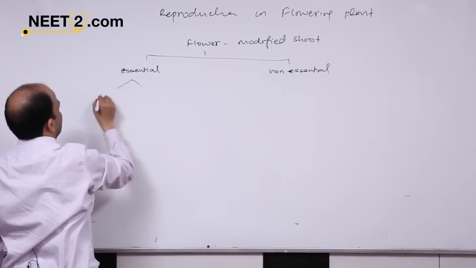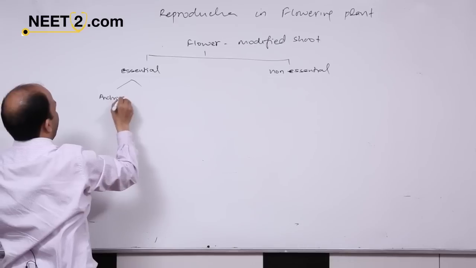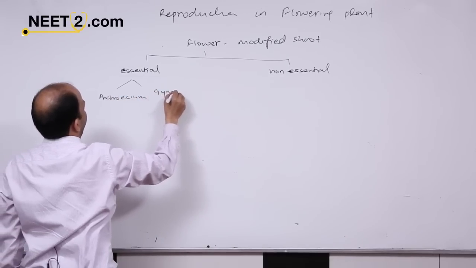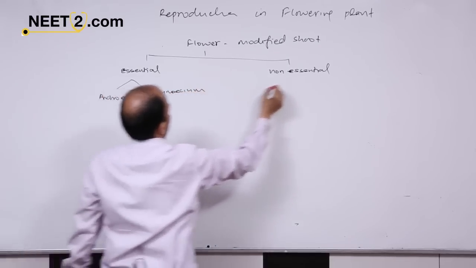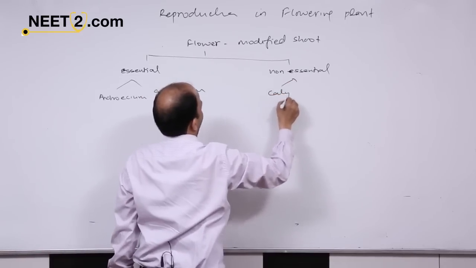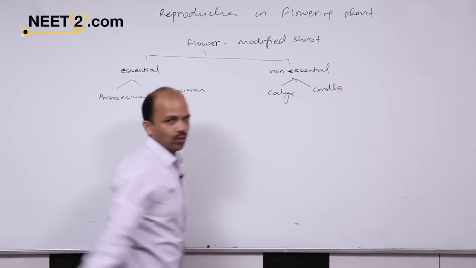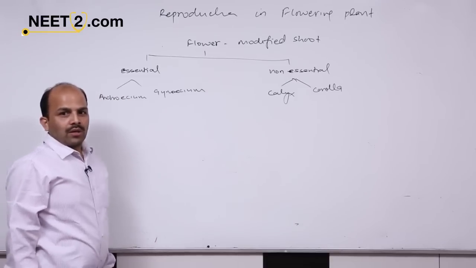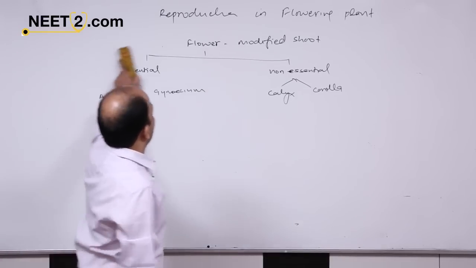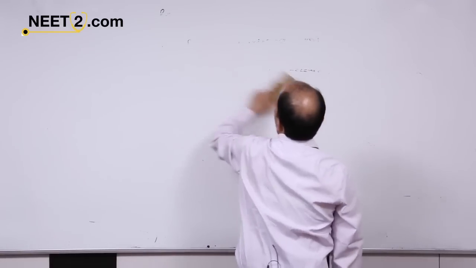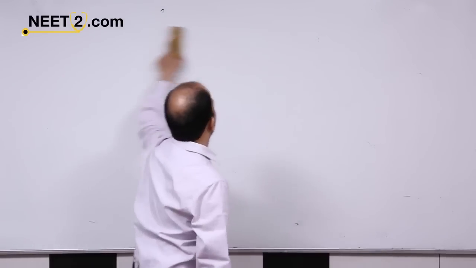Essential are the androecium and gynoecium, and here are the calyx and corolla. Now first of all we will talk about androecium structure, then gynoecium, and finally how the pollen grains are produced and their gametophyte.